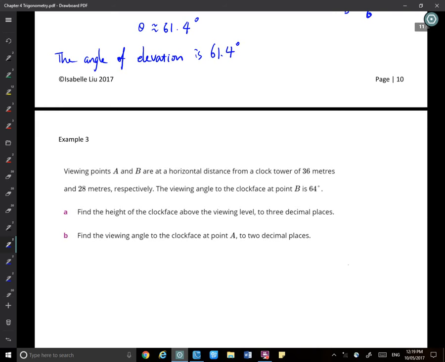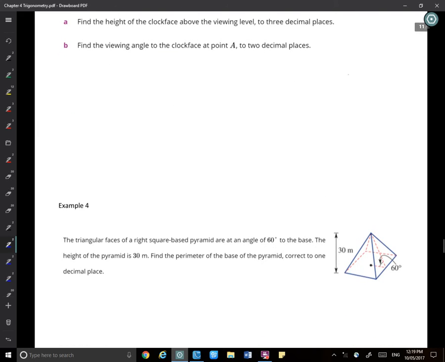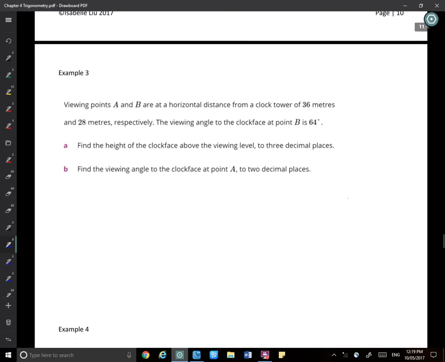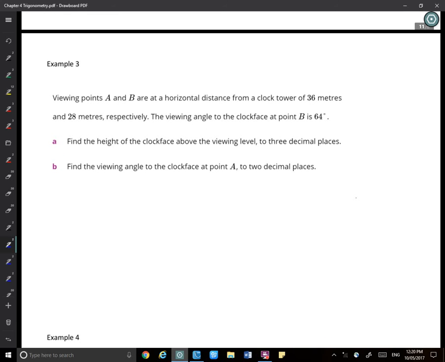Okay, example 3. Viewing points A and B are at horizontal distances from a clock tower of 36 meters and 28 meters respectively. The viewing angle of the clock face at point B is 64 degrees.